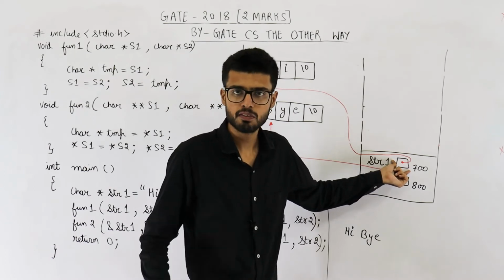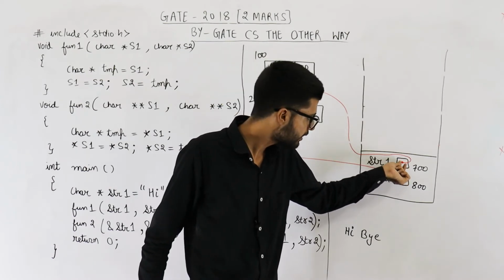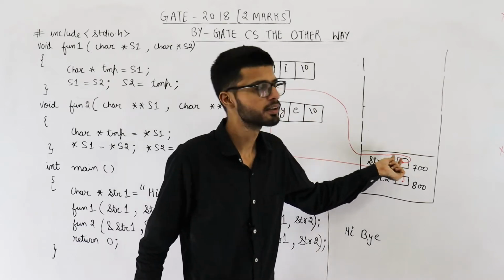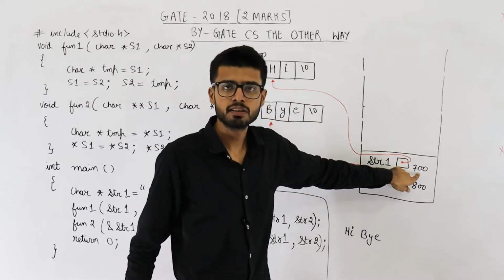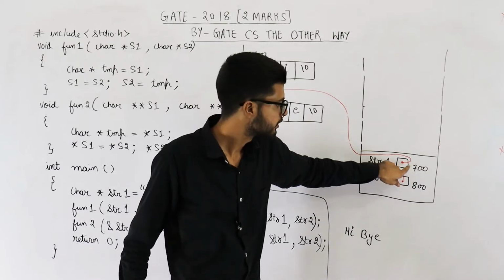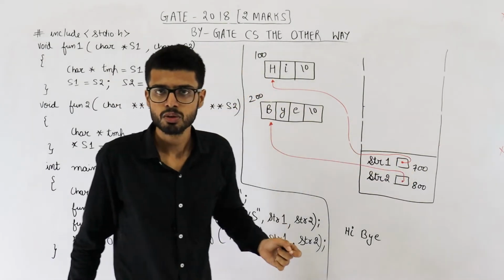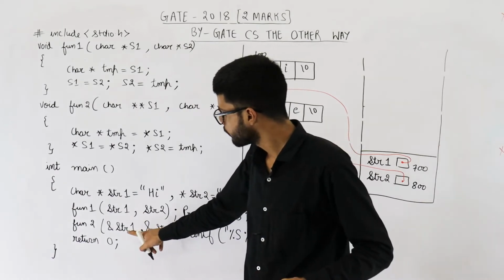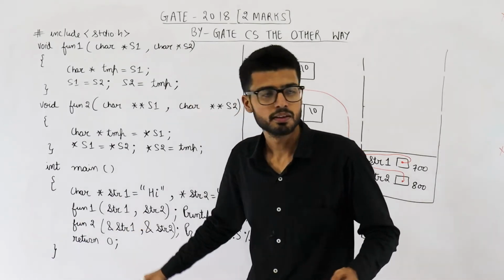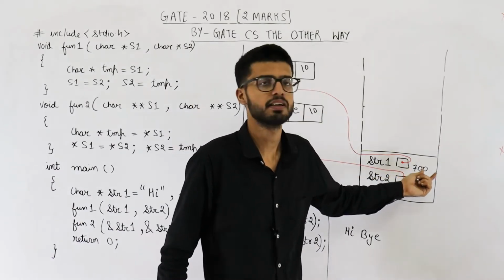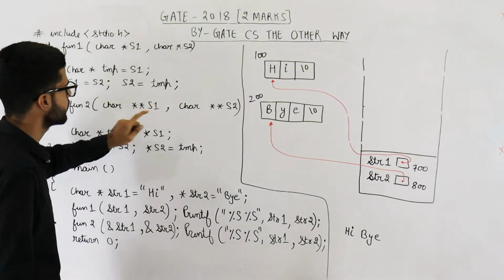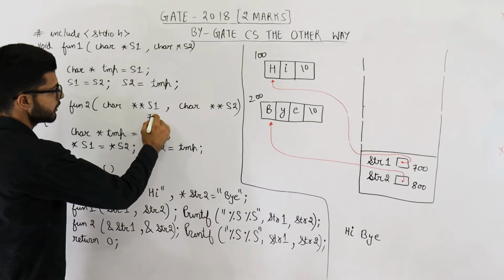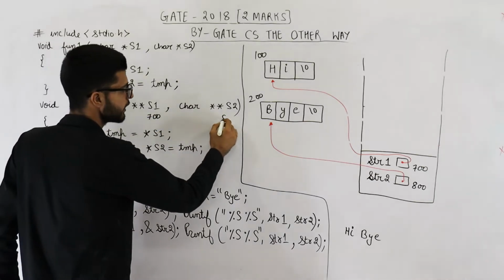That means this variable will contain some address. The address which is present inside this box is 100. So at address 700, you have saved another address, which is this. Now you are trying to pass the address of str1. That means you are passing 700. So this s1 will get 700. Parallelly, s2 will get 800.